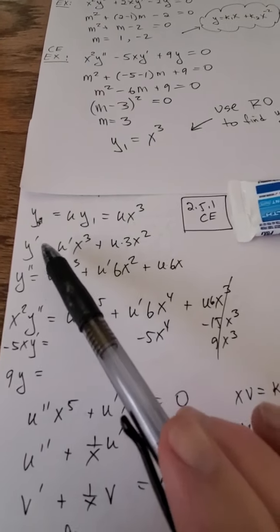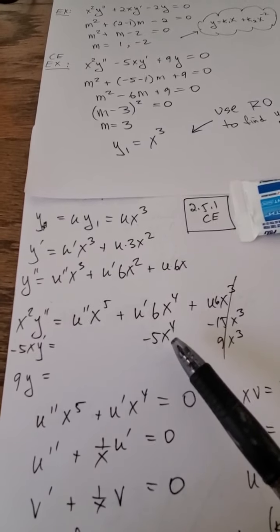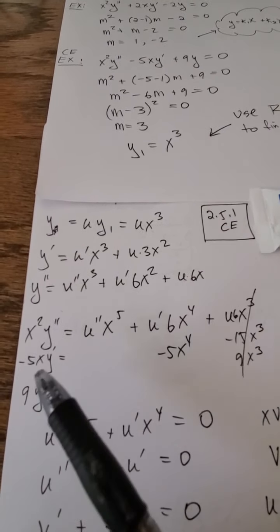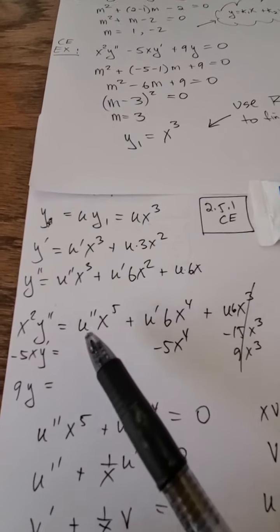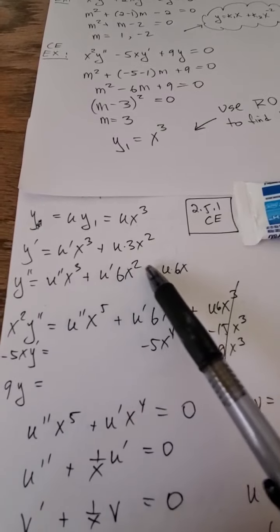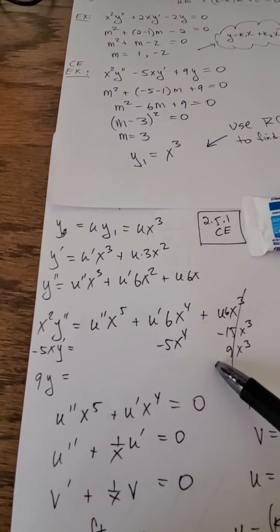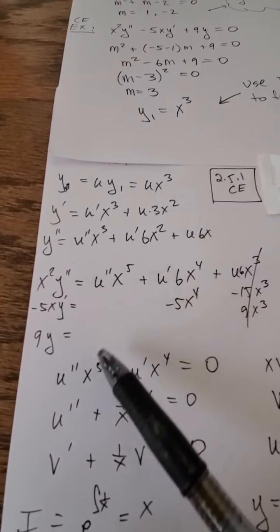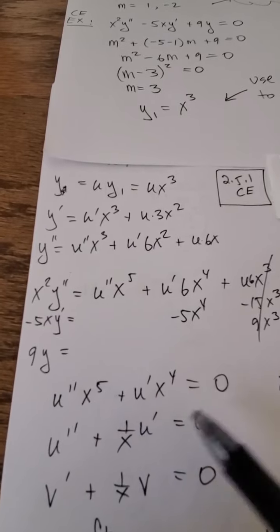What am I multiplying? I'm multiplying that guy right there. And now I multiply by 9. Anyway, this whole column disappears, and I wind up with u double prime x to the fifth plus u prime x to the fourth equals 0.